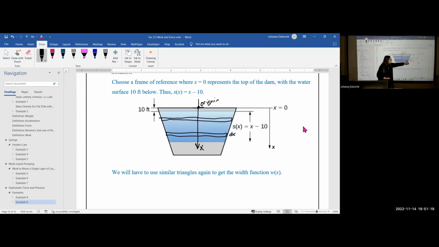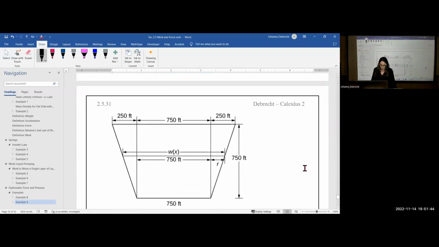And the width is going to be basically this length of it, so we can call this W sub i. It depends on the depth because it is a trapezoidal shape. The lower it goes, the narrower it gets. So we need to figure out some kind of relationship between the width and the X value, the distance below the top of the dam.